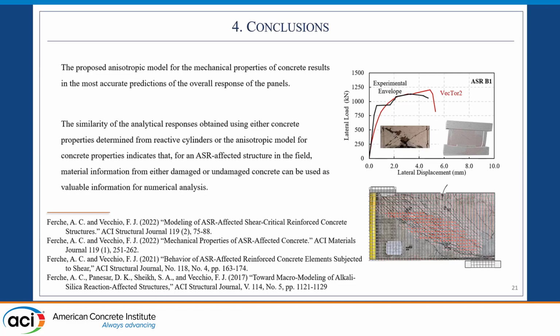However, for the walls and for the beam elements, we found similar responses, whether we used the anisotropic model or the values calculated from reactive cylinder tests. What this tells us is that for a structure in the field, material information from either damaged or undamaged concrete can be used to give us reliable data for our numerical analysis.